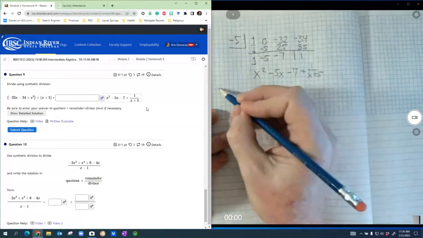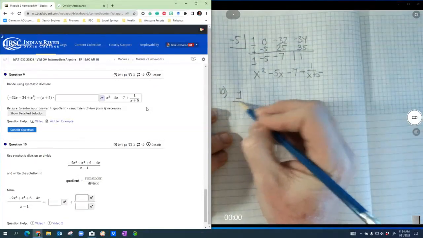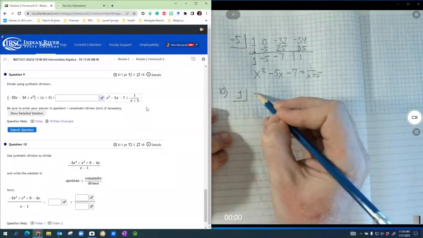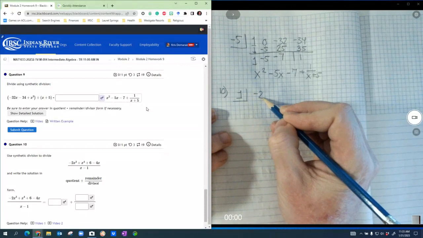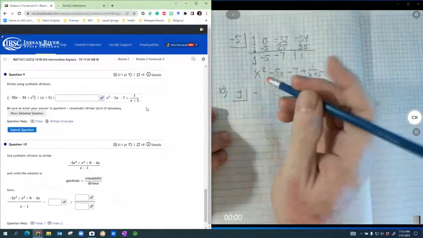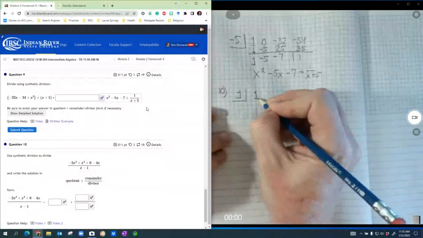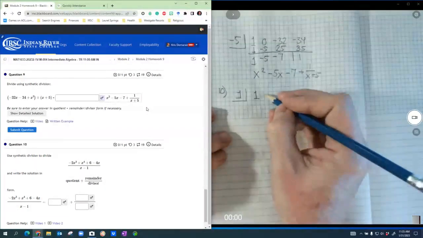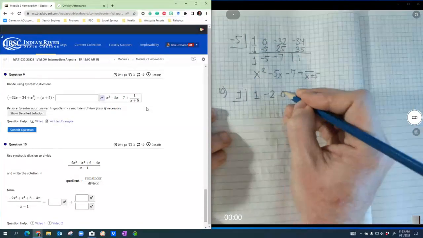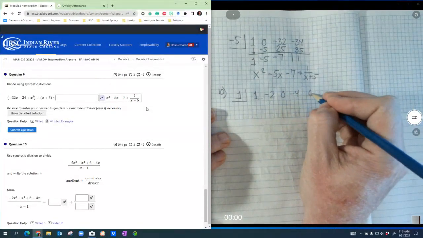And the last and final one, question number 10, is dividing, so it's going to be positive 1. Alright, and then we have negative 2. Not negative 2. I'm always looking for the third power. It's actually x to the fourth, so it's going to be 1. And then negative 2. x to the second is missing, so that's a 0. And then I have negative 4, and then positive 6.